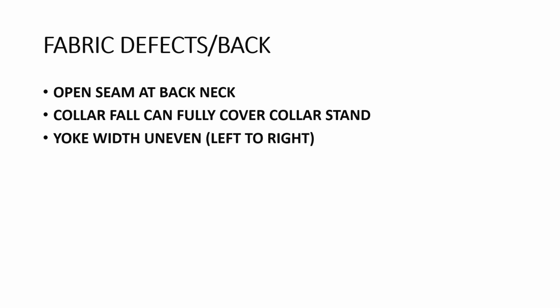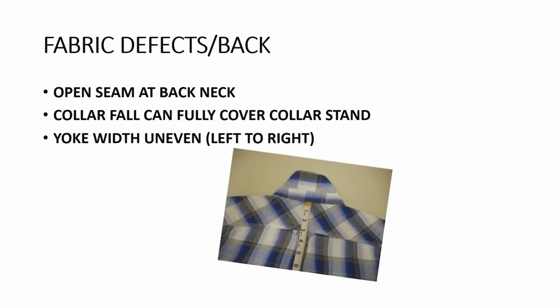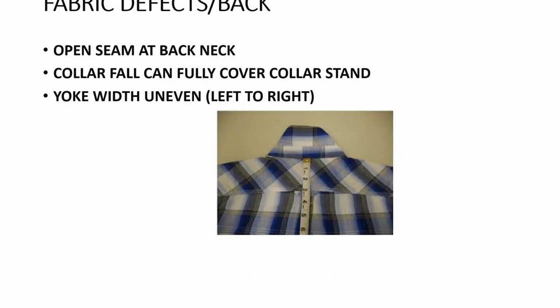Then yoke width uneven left to right also comes under defects at the back area. Seeing all these things together, there is another important part we want to cover, that is the collar. Excessive tightness or fullness of the collar is not desirable.